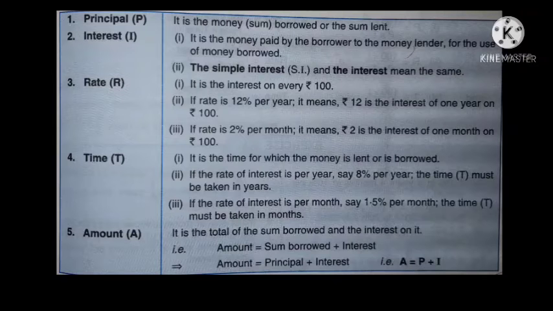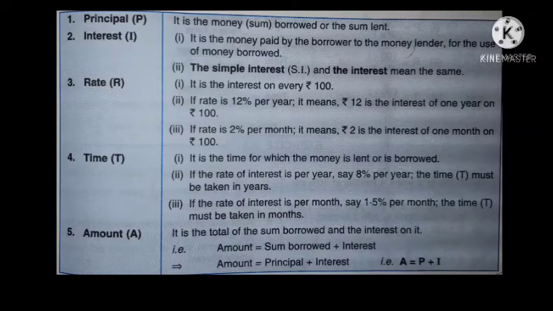Rate of interest, capital R. It is the interest on every 100 rupees. If rate is 12% per year, it means rupees 12 is the interest of a year on rupees 100.